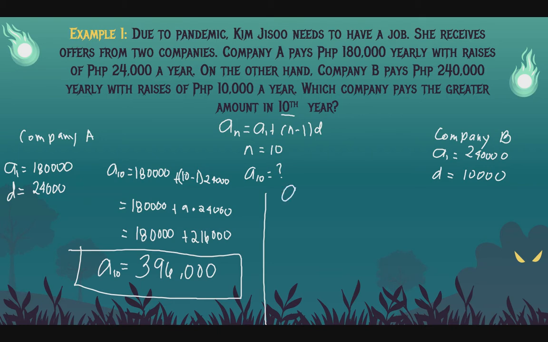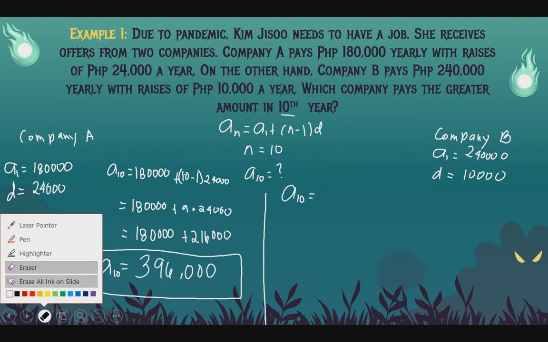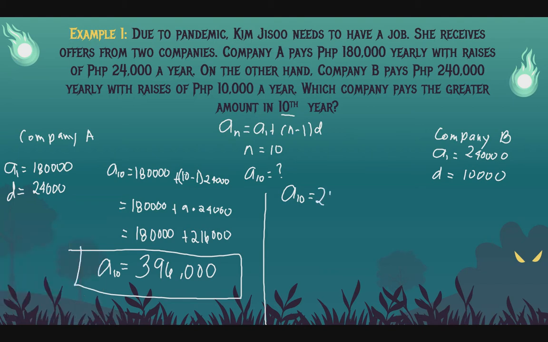Ngayon, punta tayo kay Company B. A sub 10 is equal to a sub 1 natin is 240,000, plus 10 minus 1 times the common difference, which is 10,000.